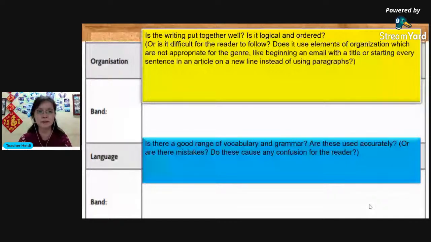And next, for language, is there a good range of vocabulary? When I say range, it means there is a range of vocabulary used. Instead of just saying happy all the time, you can use the words glad or elated, depending on the situation.